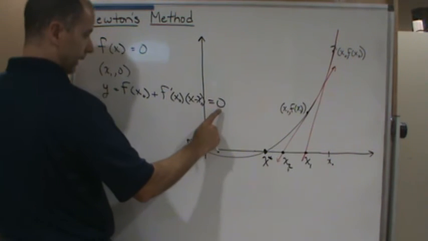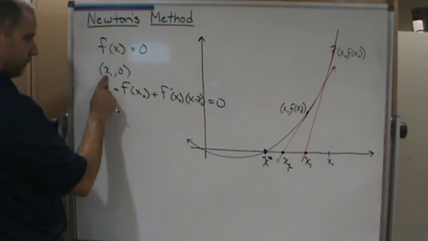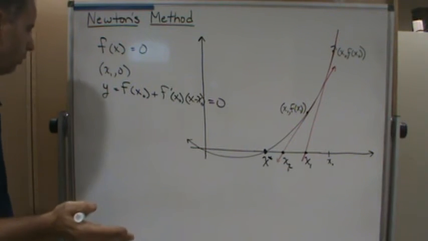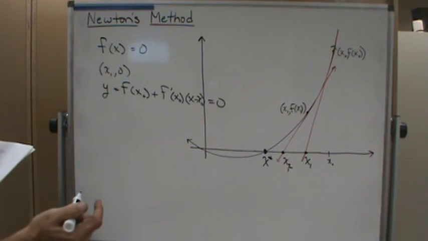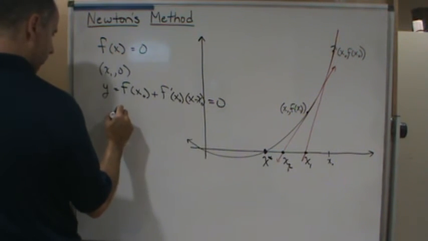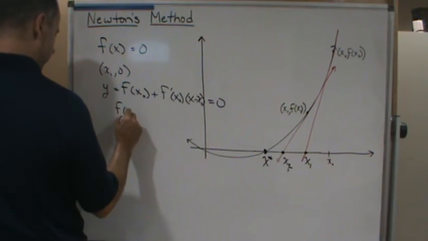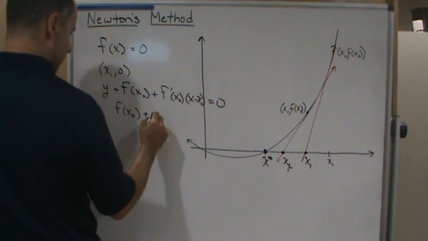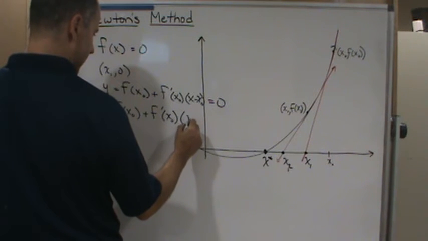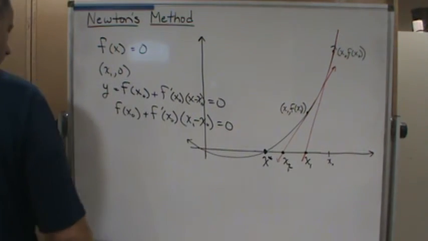So now, if we set this equal to 0, then our next approximation, x1, has to satisfy it. It does, right? So now what we're going to do is plug in x1. So this means that f of x0 plus f prime of x0 times x1 minus x0 has to equal 0.